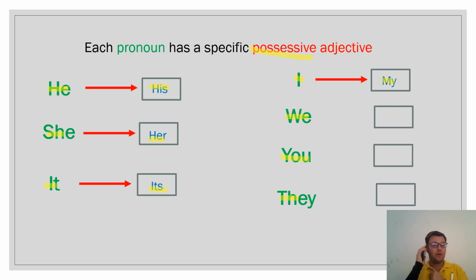My phone. Next one. We. We is more than one, so we're going to say our. Our.